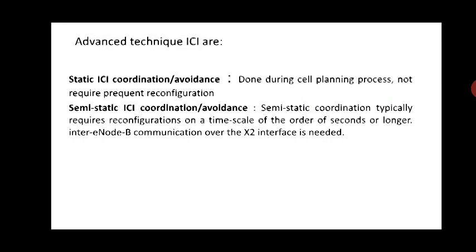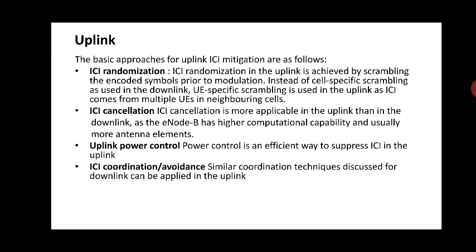Now in the uplink, there are 4 techniques mentioned here: ICI randomization, ICI cancellation, uplink power control, and ICI coordination avoidance. ICI randomization is similar to the downlink, where a randomly generated code word is used.